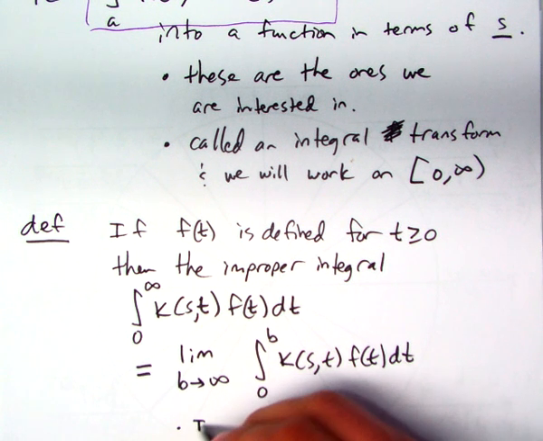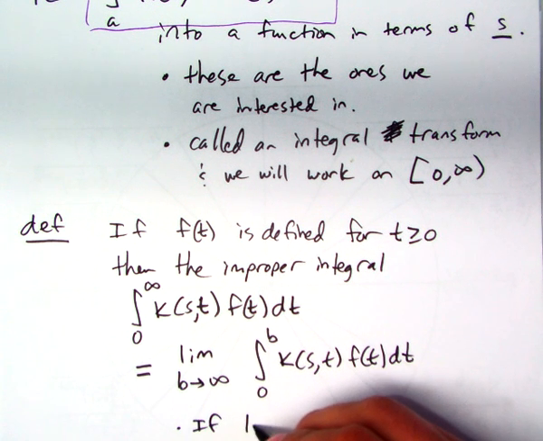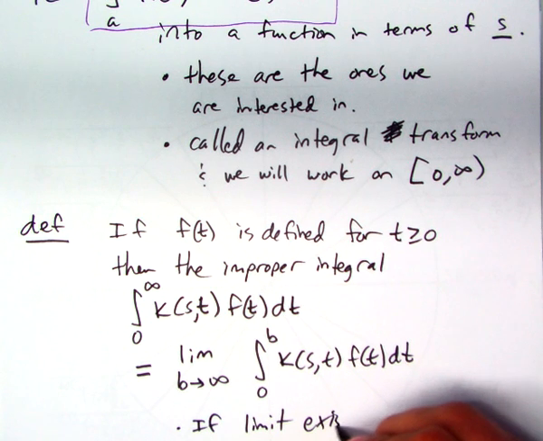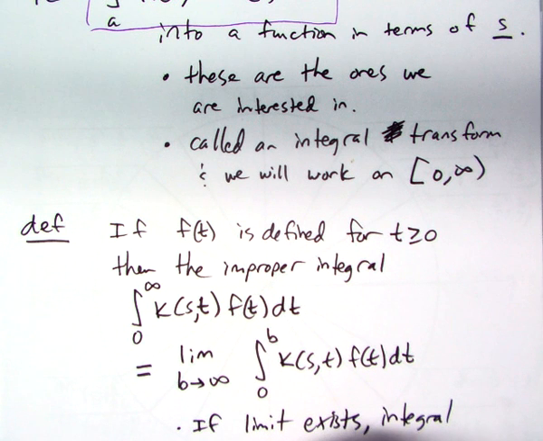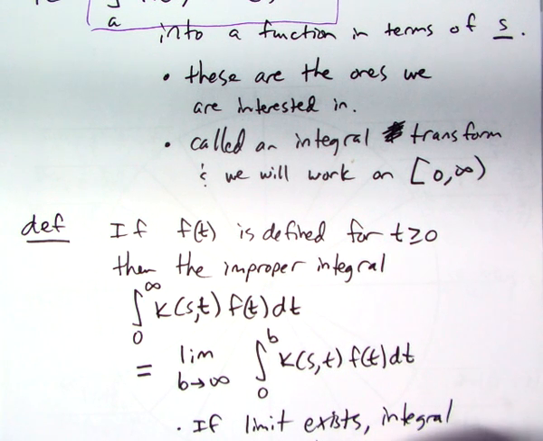If the limit exists, we say the integral is convergent, and therefore the integral itself exists. If the limit does not exist, the integral does what?